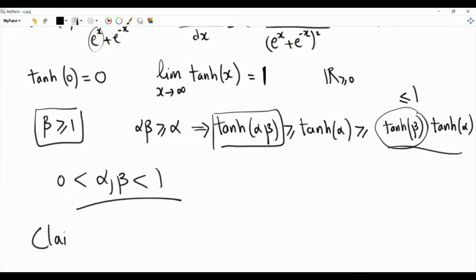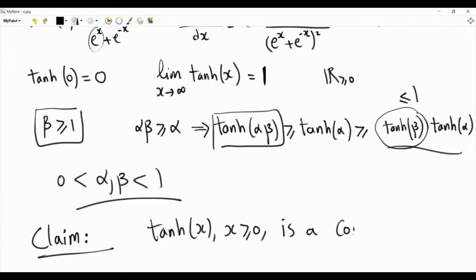Claim: tanh of x, for x greater than or equal to 0, is a concave function. And to check concavity, we can check the second derivative.